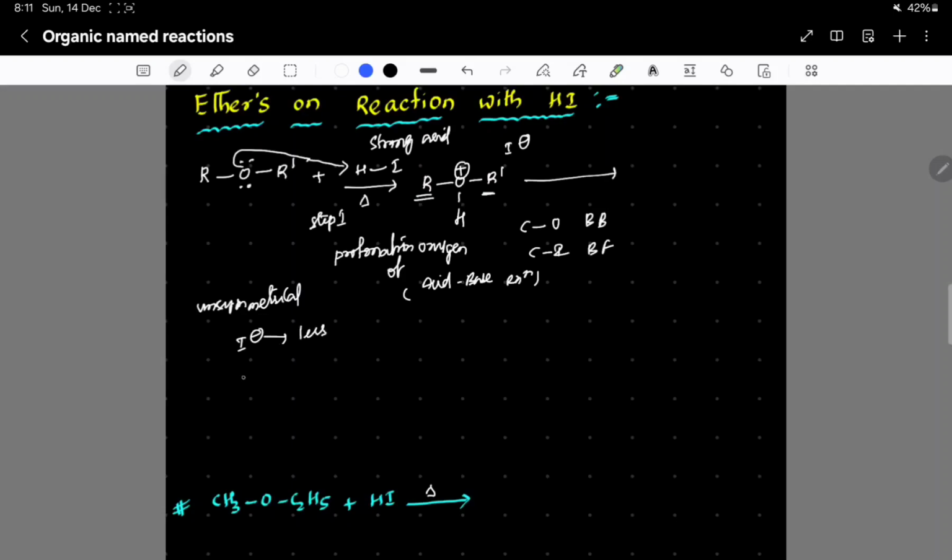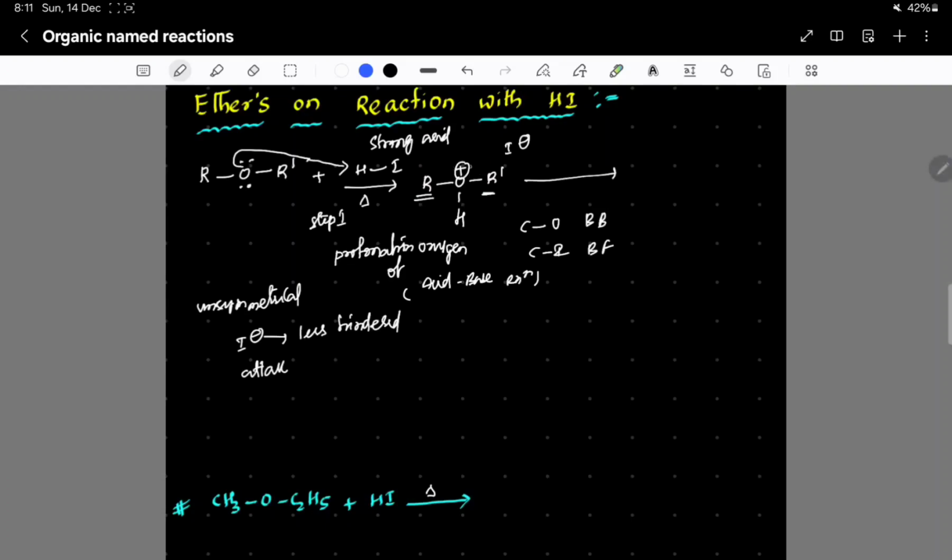For example, if R' is a bulkier group, then I minus will attack R. If R is bulkier, then I minus will attack R' only. For example, if it is a symmetrical ether, then I minus can attack anywhere, so you will get the same product only.